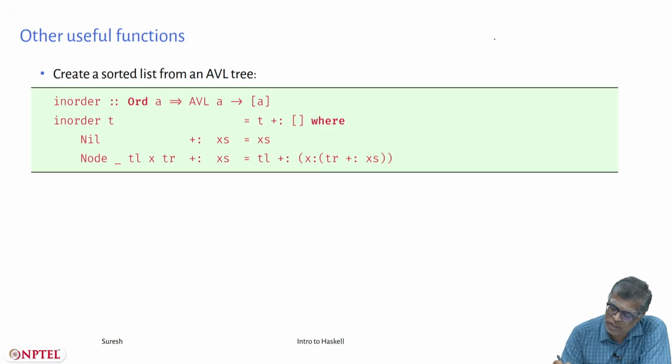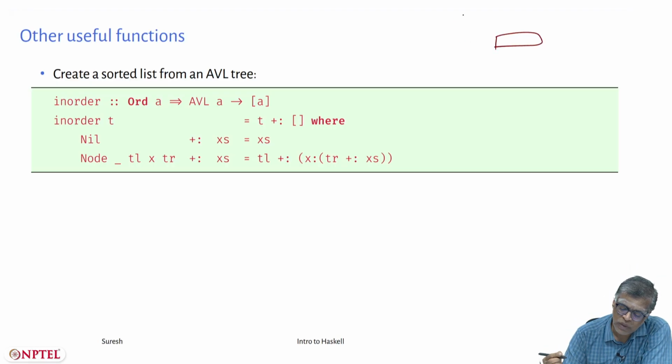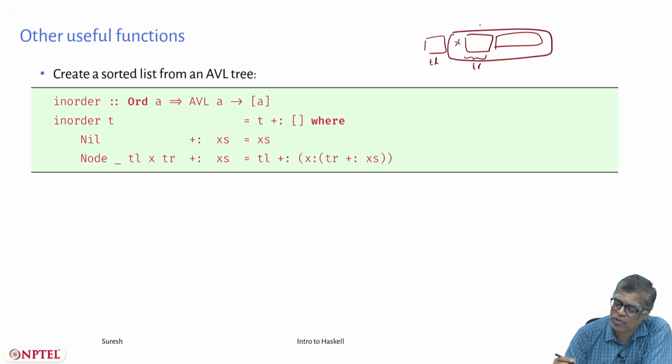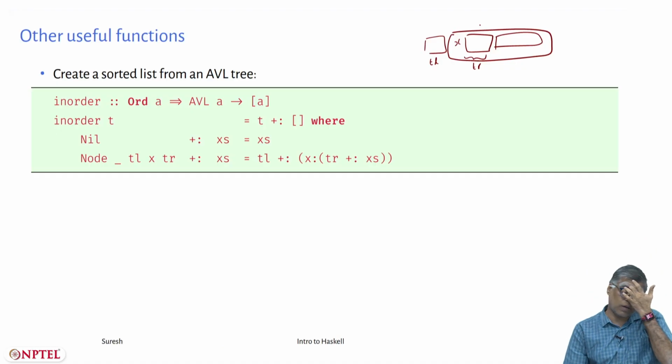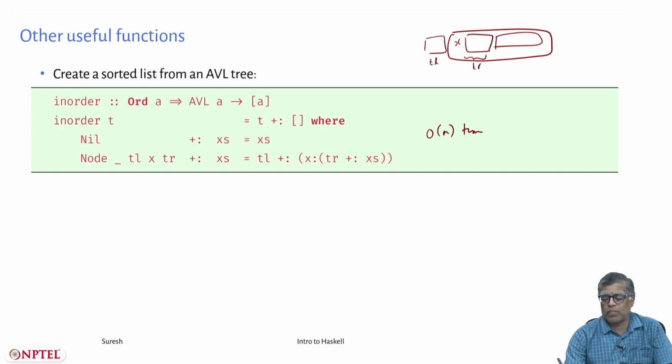So you have xs, you flatten out tr here, then you put x after that, and then you flatten tl before this. Everything in tl comes here, x comes later, and then tr comes later. So this is just in-order, and this takes order n time, where n is the size of the tree.